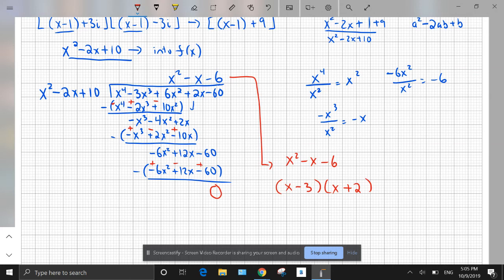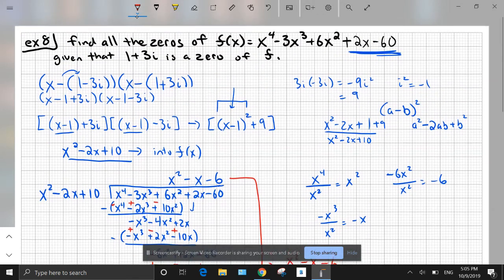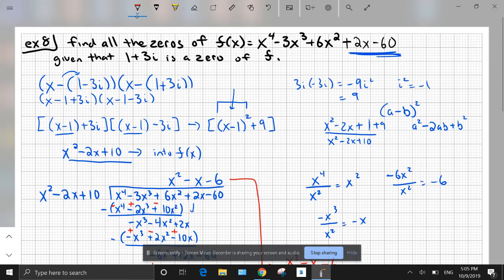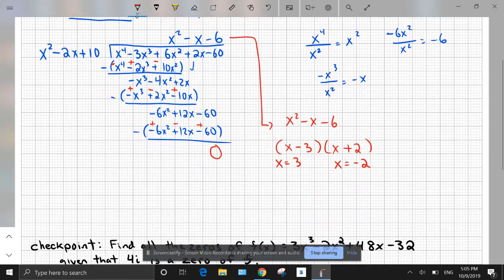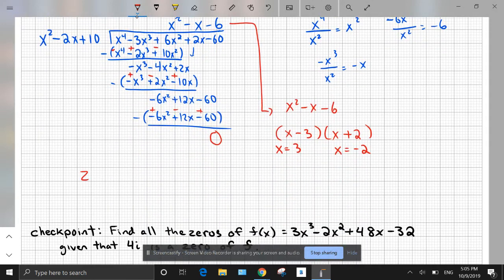So our zero here, remember when we're doing zeros, here our x is equal to 3, here our x is equal to negative 2. So our zeros here would be x is equal to negative 2, x is equal to 3.